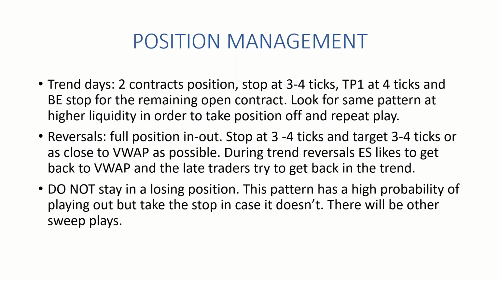Sometimes you get a real big full reversal, but those are very rare, especially if you have a downtrend and then a full complete reversal all the way back up to break the previous highs. Those can happen, but don't expect them to happen all the time. So just better to get the full position in and out, take the target at 3 to 4 ticks.